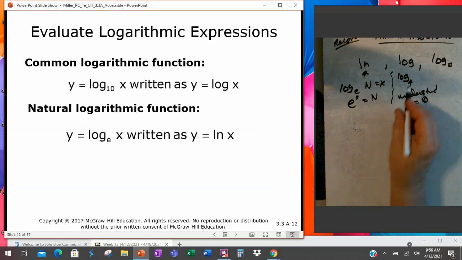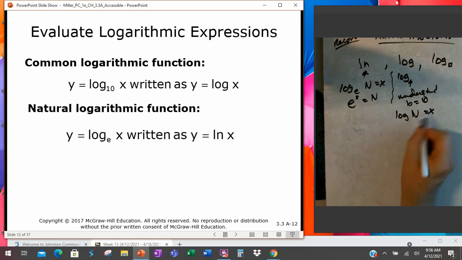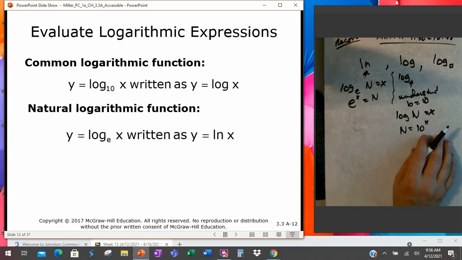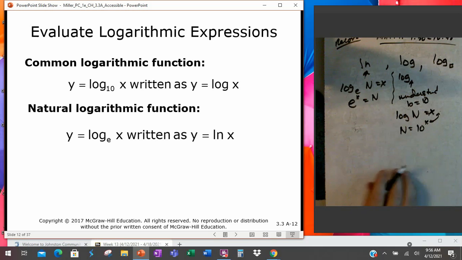So in this case, the log of n was x, which means n is equal to 10 to the x. They're just using a y, but I'm keeping it the same variable so we don't switch variables, whatever that number is.